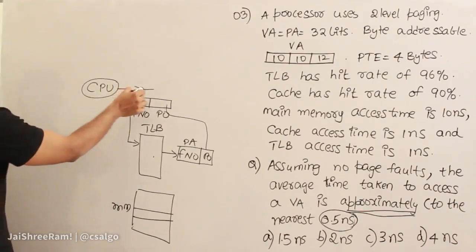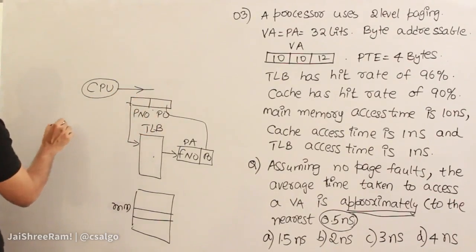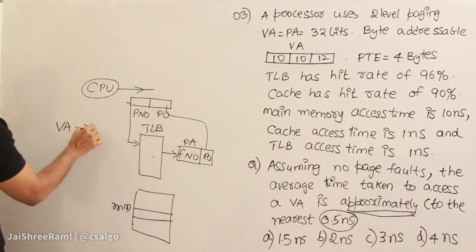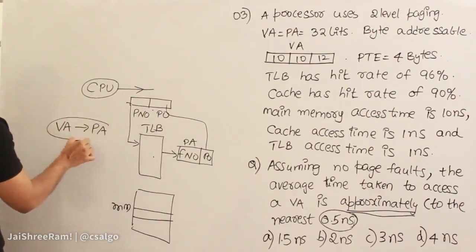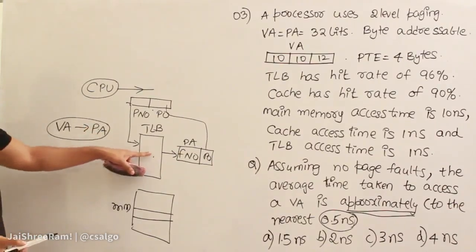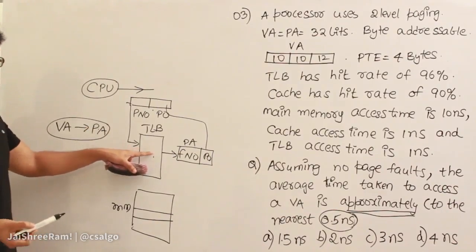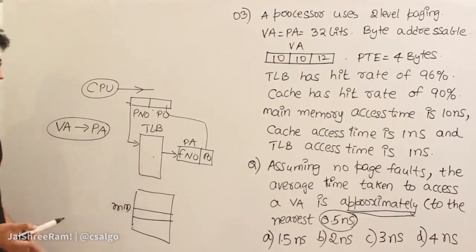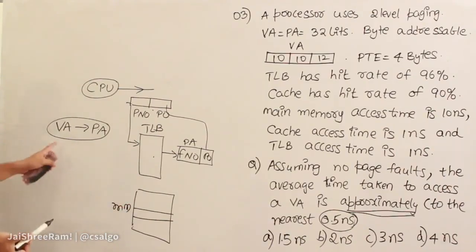So initially, whenever the CPU generates the virtual address, you have to convert it to a physical address first, right? To convert it to a physical address, what are the important things here? One is the TLB. If it is present in the TLB, we can directly get it. If it is not present in the TLB, you are going to get into the main memory, and we are going to access main memory two times and finally convert the virtual address to physical address, right?